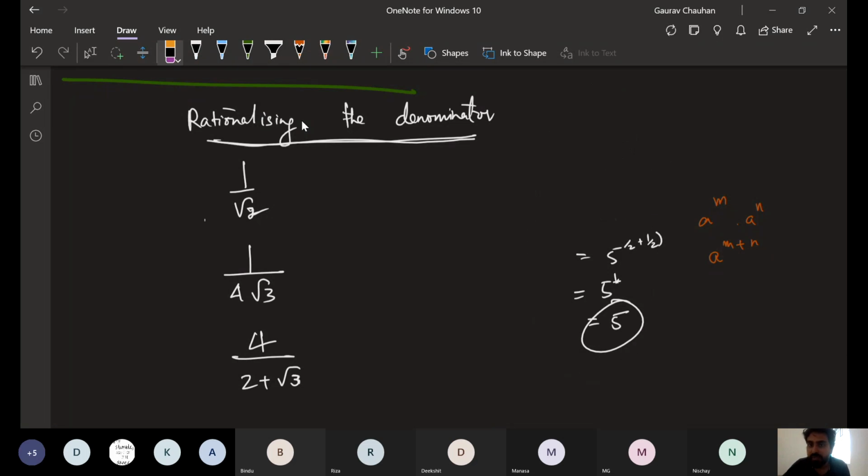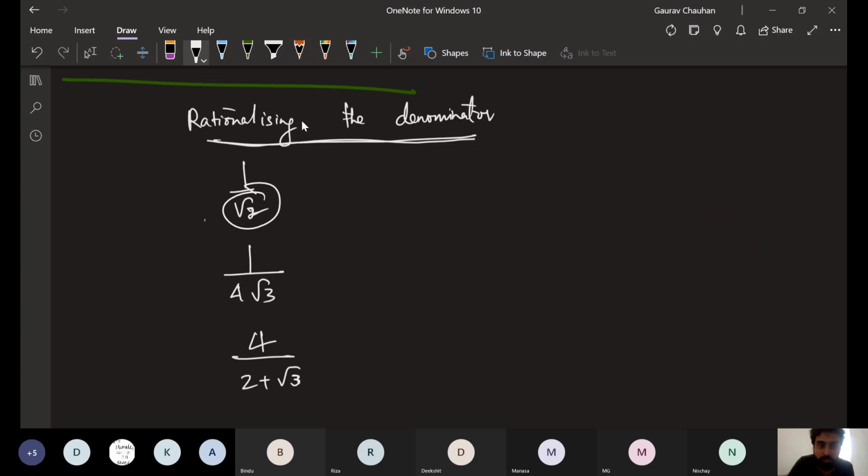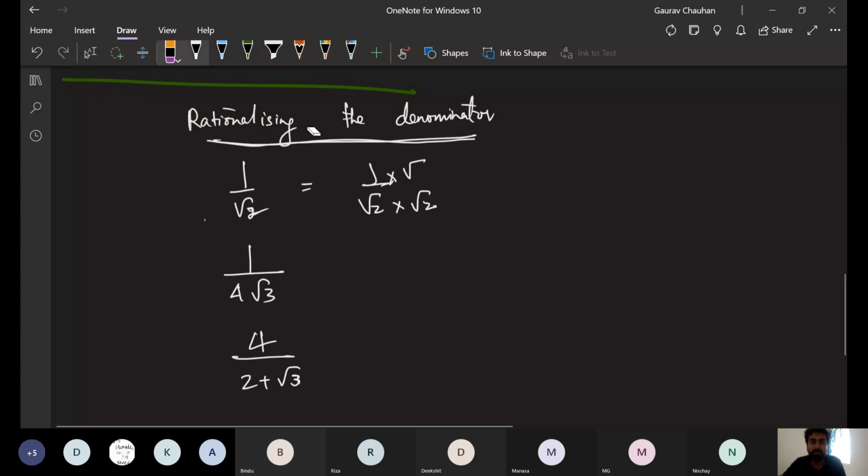What I was trying to remind everyone here is, if I want to remove this root 2, what I need to do is multiply it with root 2, and it will become rational then. But as you know, I can't simply multiply this with root 2, right? Then the number will change. So what should I do, Dinesh? Multiply numerator also. Because if the numerator is irrational, no problem, but the denominator we don't keep irrational.